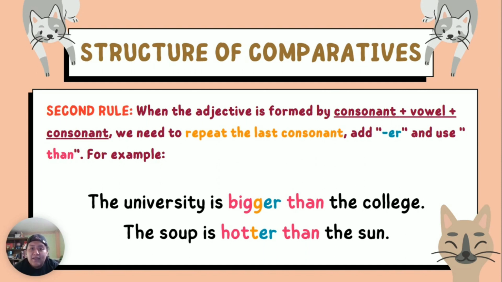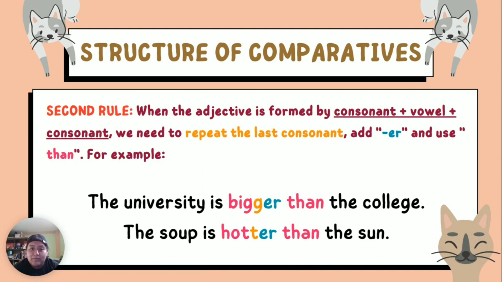The adjective is big. B-I-G. Consonant plus vowel plus consonant. We need to repeat the G. Add er and use than, bigger than.